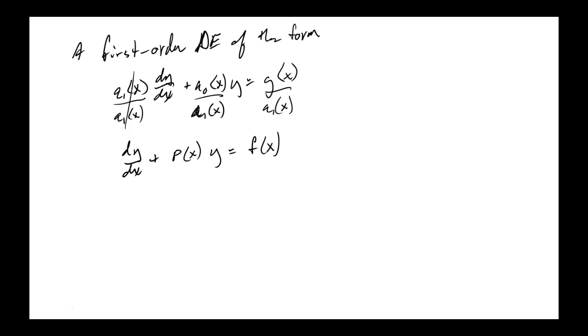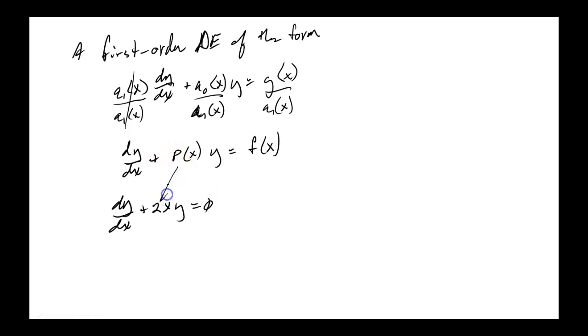So before we can examine a general procedure for solving this, note that in some instances that equation can be solved by separation of variables. Here are a couple of examples. What if we had dy/dx plus 2xy equals 0?